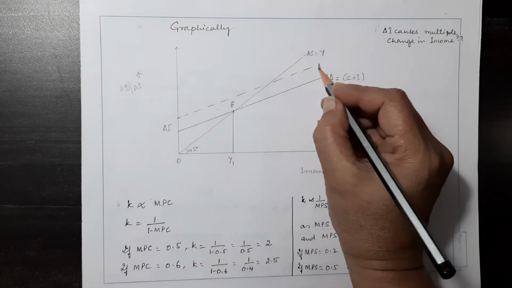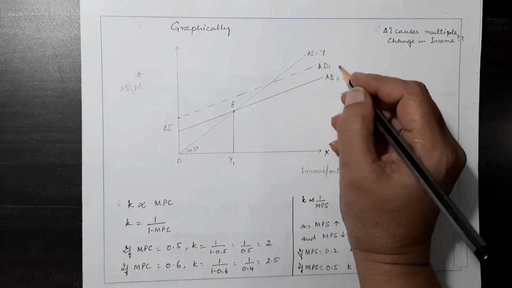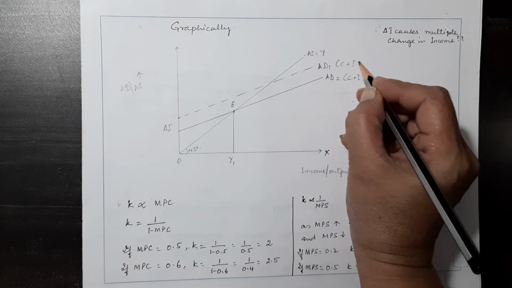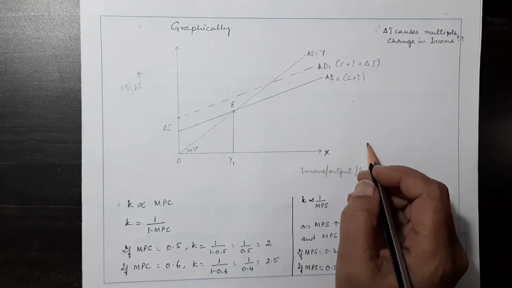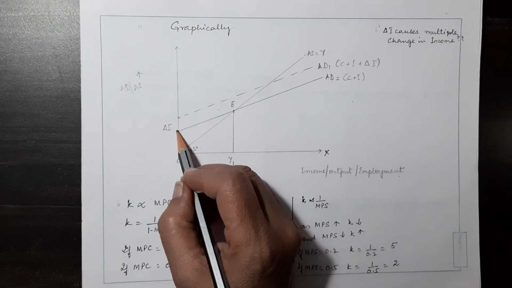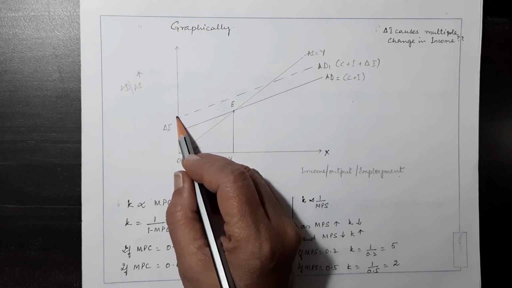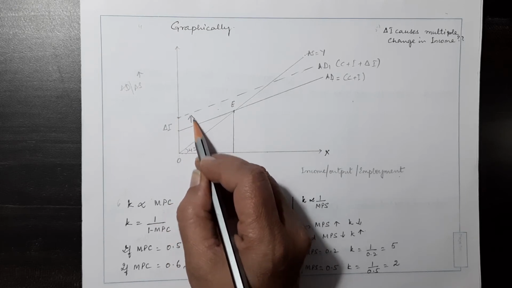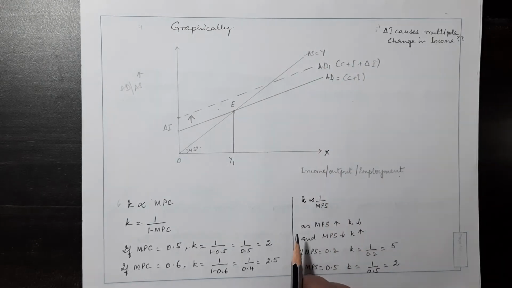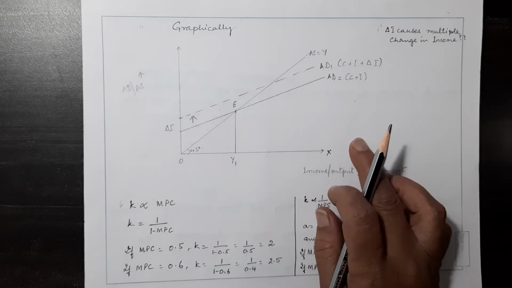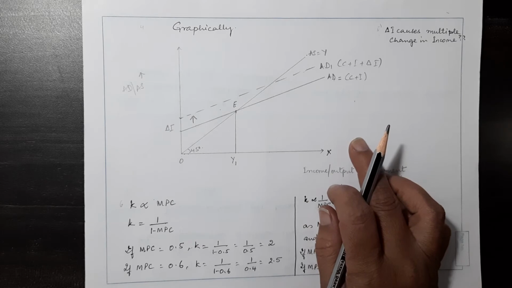Here we have AD1, which is C plus I plus delta I for a change in investment. So because of the increase in the investment, the AD curve has moved up by this much, but is parallel, because we say that the autonomous investment is a line parallel to the x-axis, that is, constant.